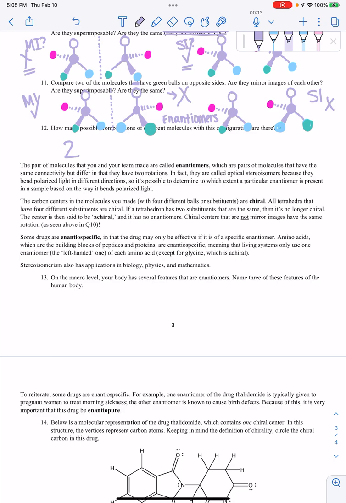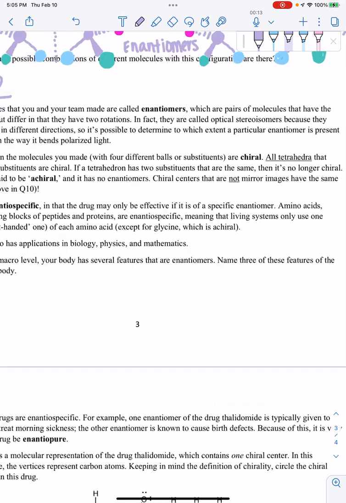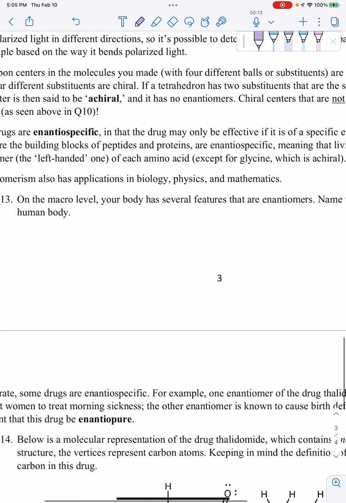So remember that example from a little bit earlier about our hands. They're mirror images, but we can't overlap them with our palms facing down in a way that overlaps our thumb on the left with our thumb on the right, and etc. So that's an example of an enantiomer for question number 13.